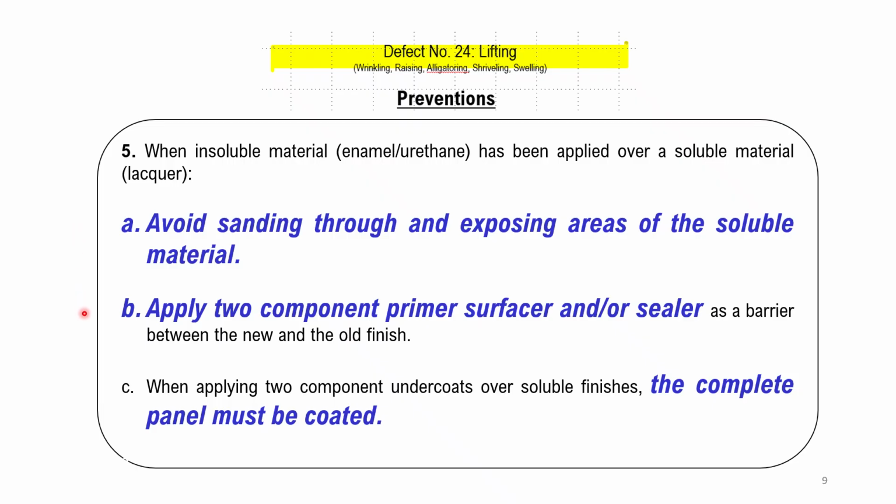B. Apply two-component primer surfacer and/or sealer as a barrier between the new and the old finish. C. When applying two-component undercoats over soluble finishes, the complete panel must be recoated. The complete panel must be coated.